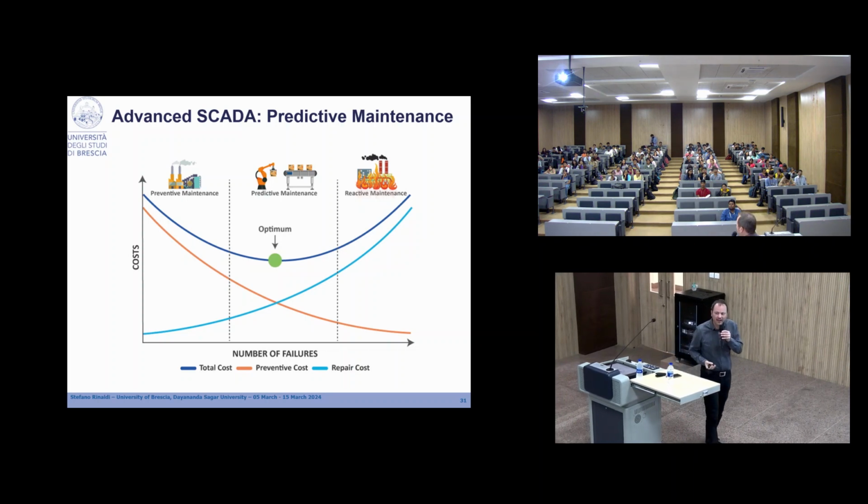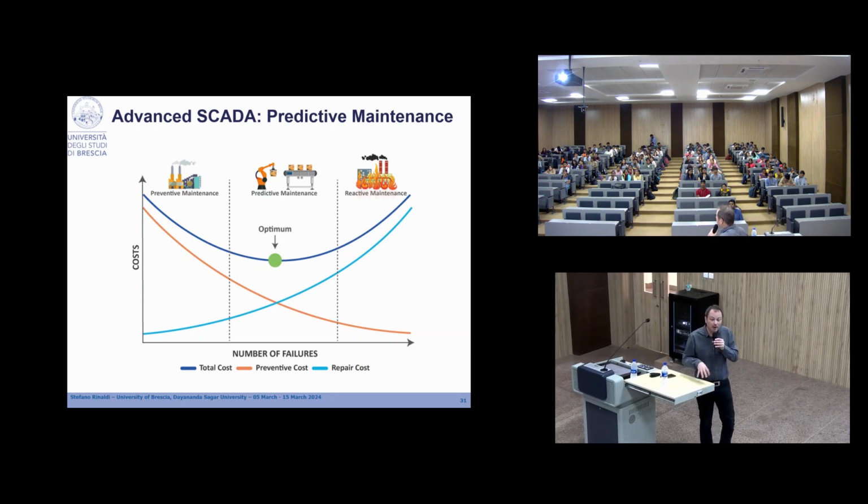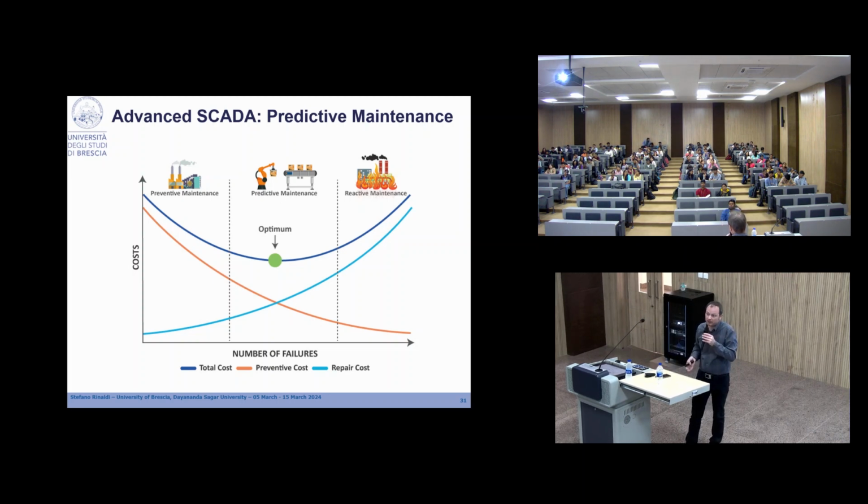So again, using information about the plant, about the machines, I can understand when it is time to maintain one of the machines of the plants. And predictive maintenance is performed nowadays in modern SCADA systems directly by AI algorithms.